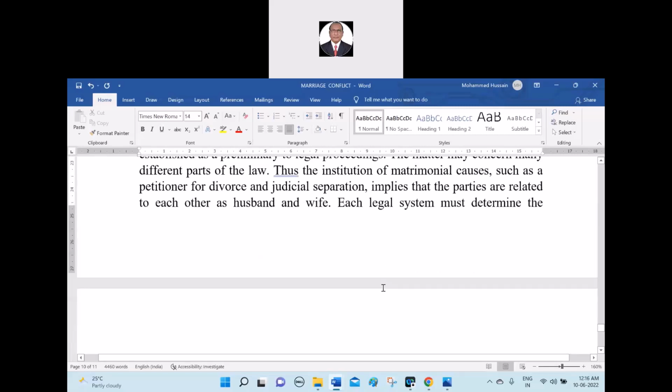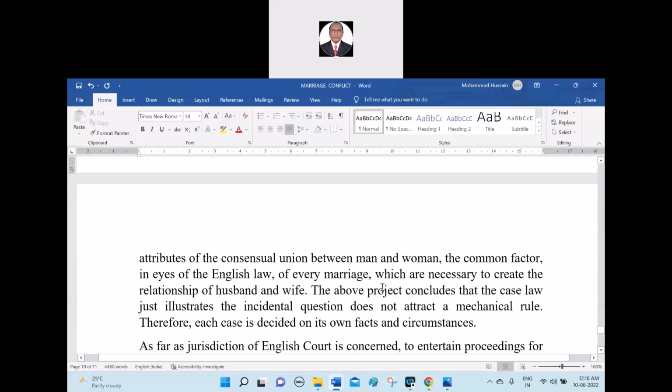Each legal system must determine the attributes of the consensual union between man and woman, the common factor in the eye of the law. In English law, there are requirements which are necessary to create the relationship of husband and wife. The above project concludes that the case law illustrates that the incidental question does not attract a mechanical rule.